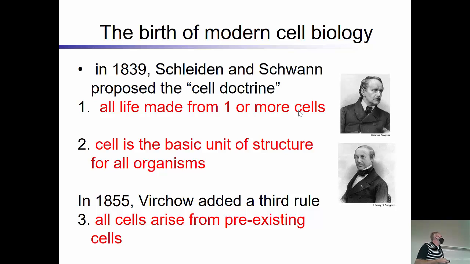We talked about what we would call the cell doctrine, and that's that all life is made from one or more cells, and that the cell is the basic unit of structure for all organisms. And thirdly, we added in this that all cells arise from pre-existing cells. And then that led us into a conversation a little bit about things like artificial cells that are coming out of the J. Craig Venter Institute.